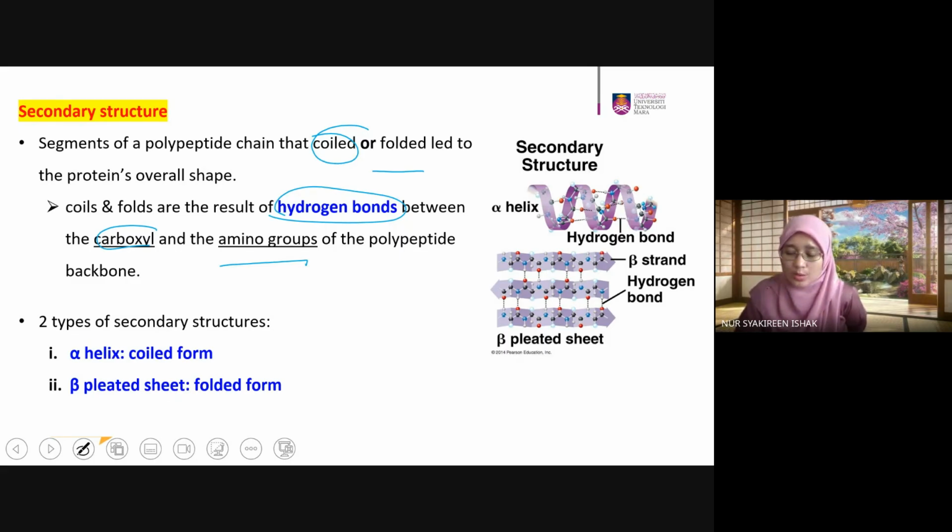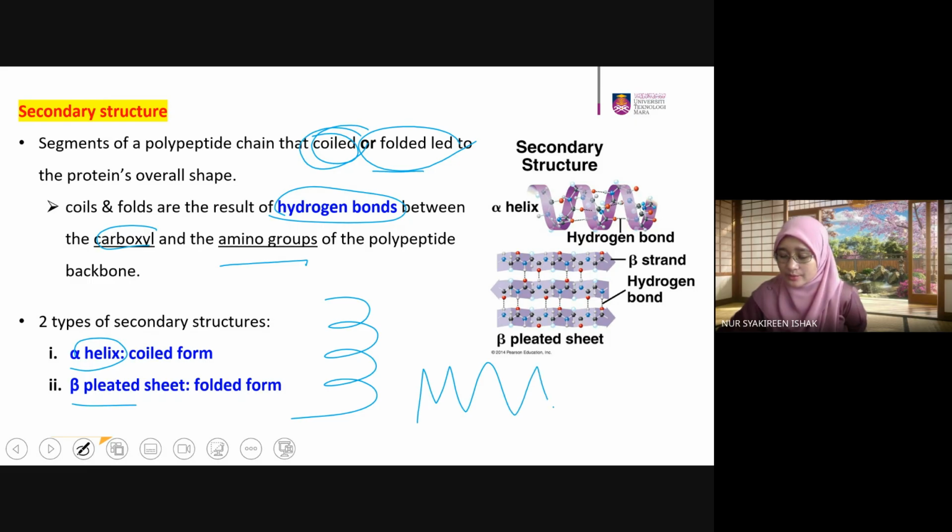The coiling of the polypeptide chain we call an alpha helix. The folded structure we call beta pleated sheets. So it is either coiled or folded. The coiling and folding of this polypeptide chain is due to hydrogen bonds.